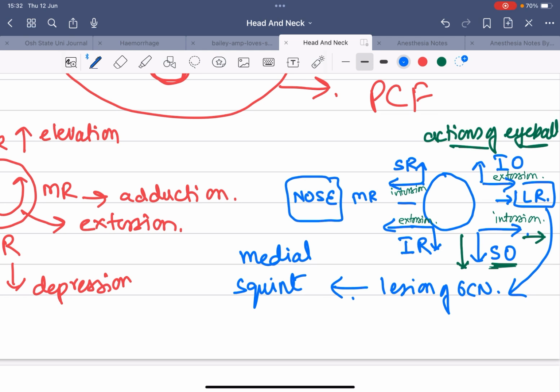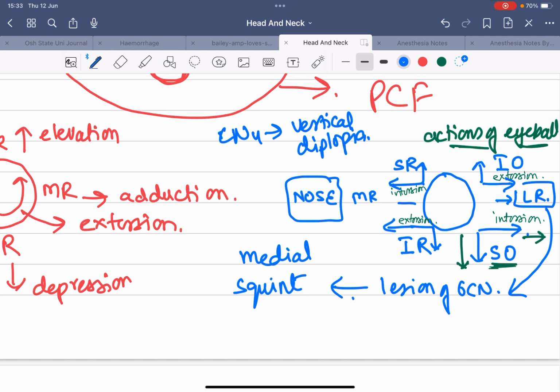If it is a 4th cranial nerve lesion, that is the trochlear nerve, the patient will develop vertical diplopia, especially upon reading and looking downward. When going downward, the patient will start to tilt the head to the opposite side.